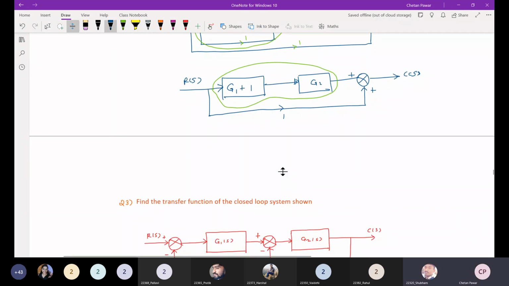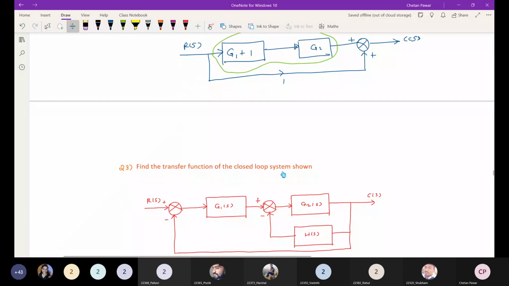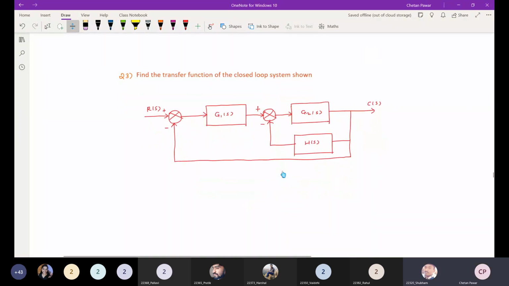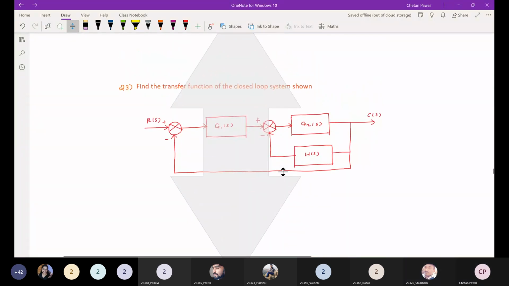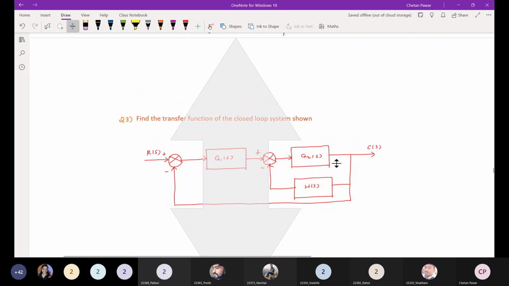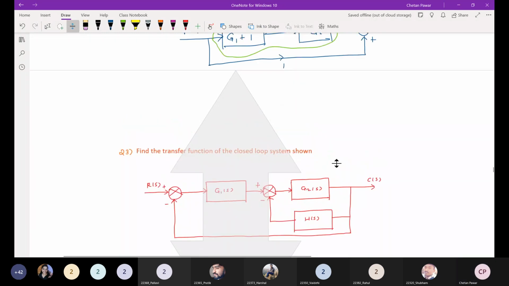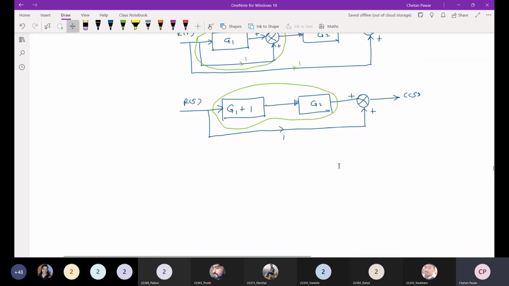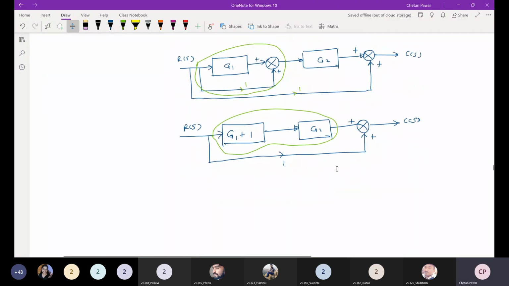We multiply them. Yes. Okay, so I will just multiply those two blocks.